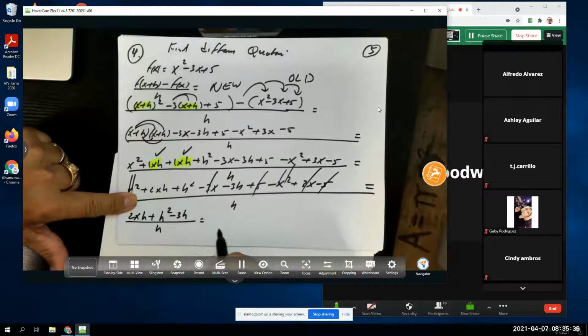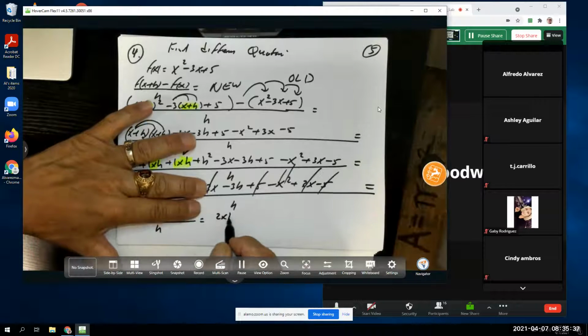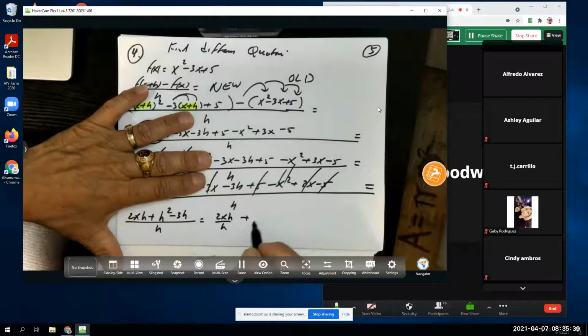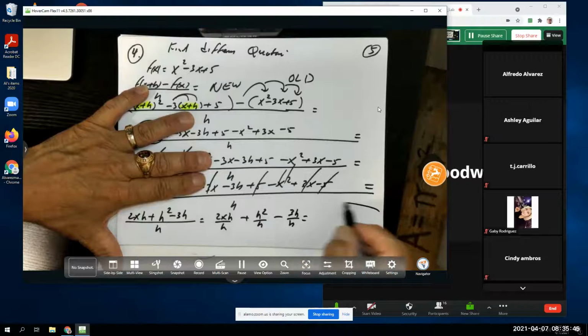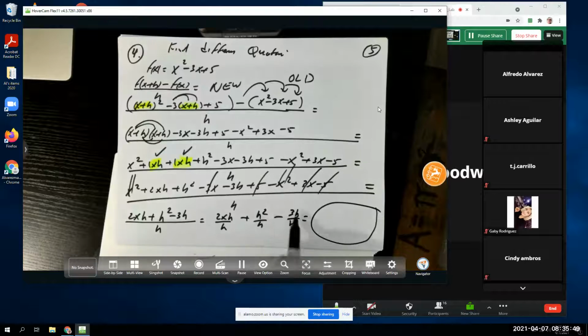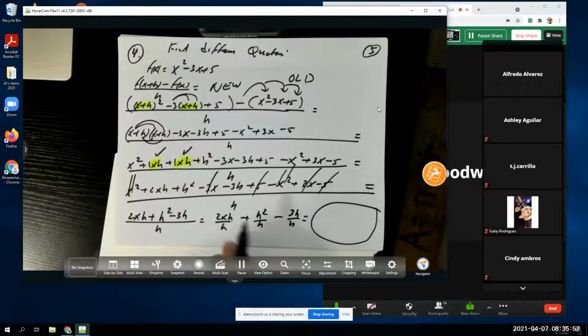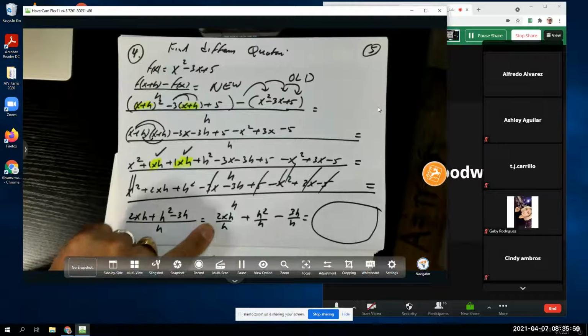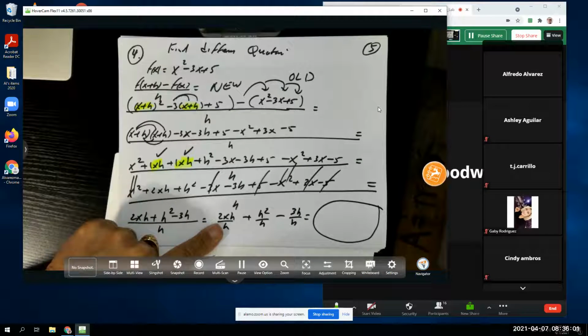h. Or it's going to be 2xh over h, plus h squared over h, minus 3h over h. And all the stuff in here is going to reduce or simplify to what? What do you think is going to be the answer? Does 2xh over h, can this cancel out right here? Yes or no? What's that going to become? 2x.